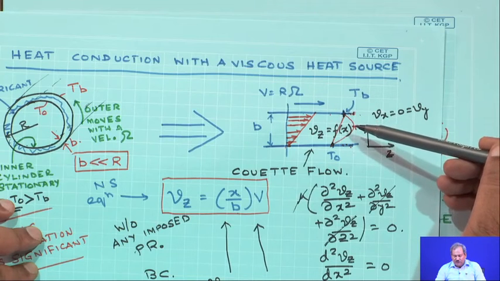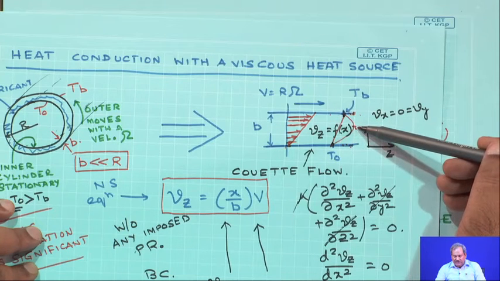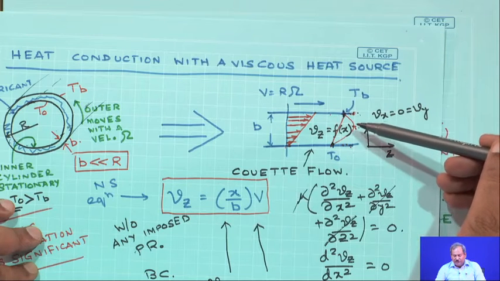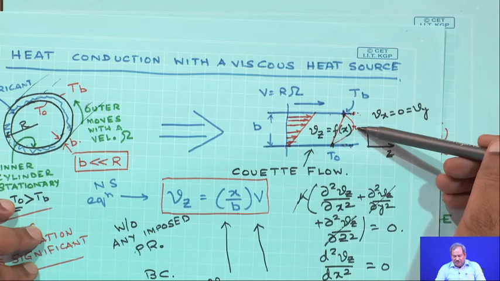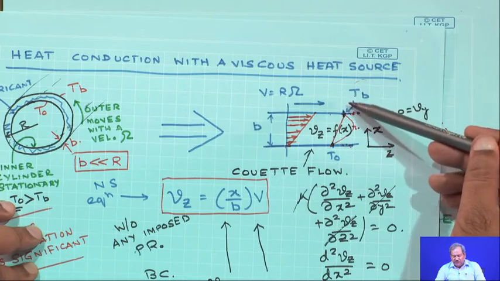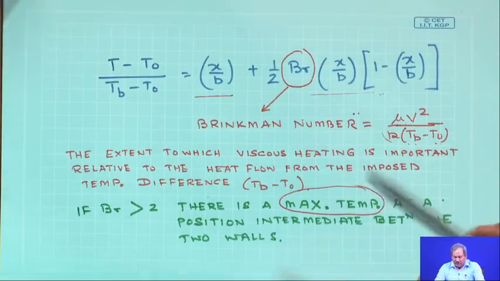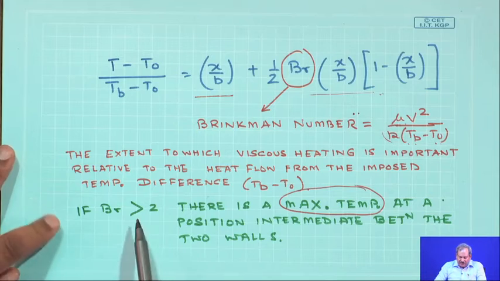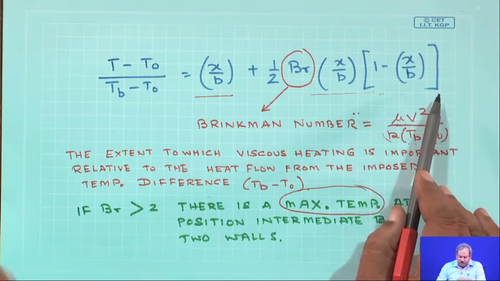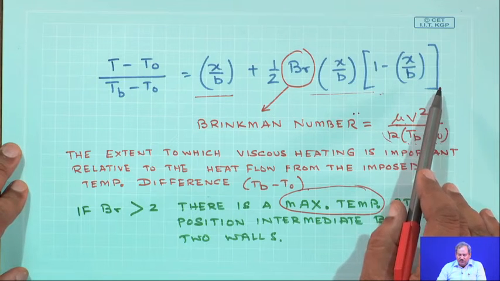So, your choice of lubricant should be dictated by this temperature and not by this temperature. So, the intermediate position temperature, if it exceeds the temperature of the upper plate, then it would be wrong for you to choose the lubricant based on Tb. Rather, you have to see what that temperature would be from this expression and specify the lubricant.